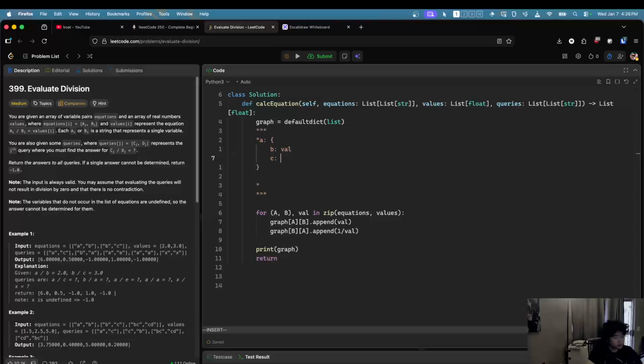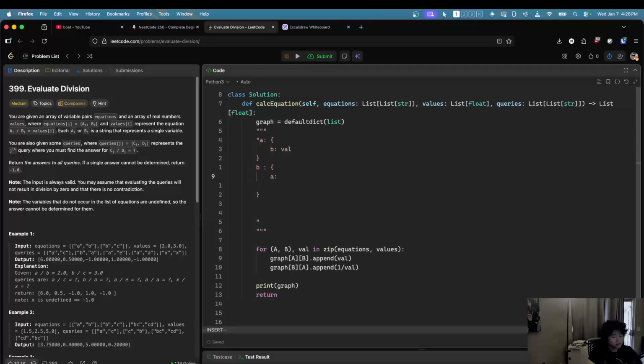A divided by C is, well, okay, not necessarily. It could be something else. But generally speaking, like B divided by A, A will equal, I don't know, 3, right? And this would be, well, B divided by A is actually just 1 over 2. Okay, yeah, B divided by A divided by B, which is just 2. Something like this. This is kind of the idea I'm trying to go for.